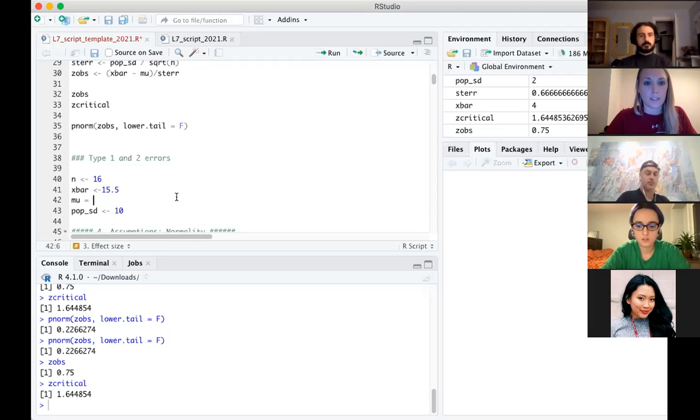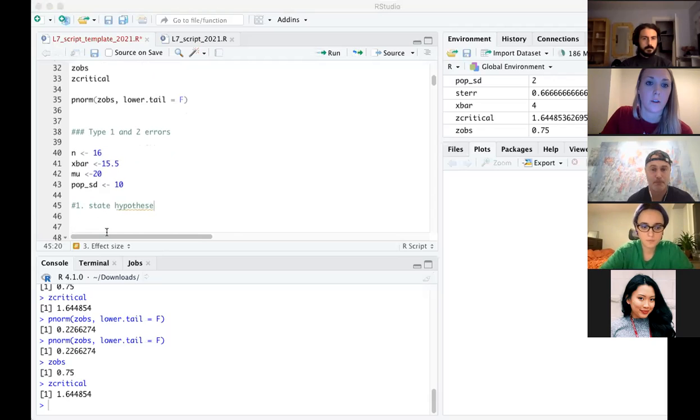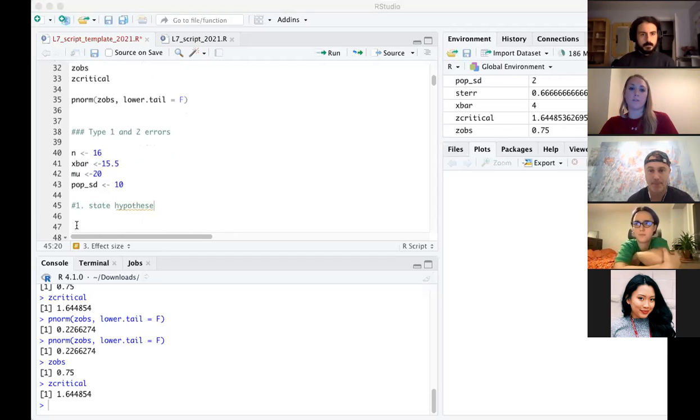So what is the first thing that we need to do? State your hypotheses. Her hypothesis is that the commute of college professors is significantly less than the population.